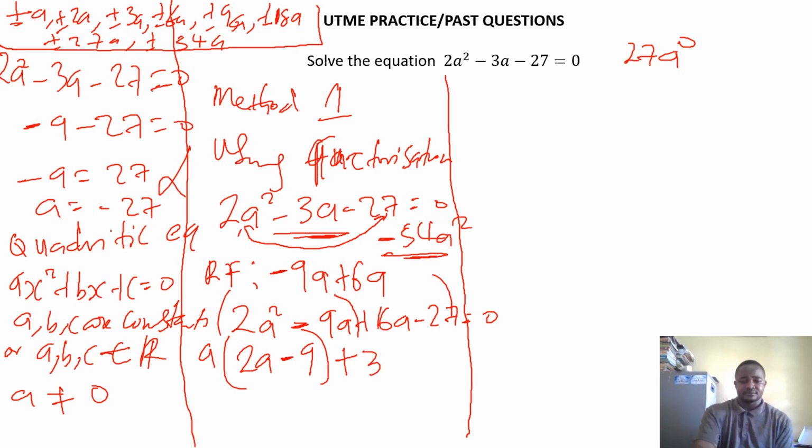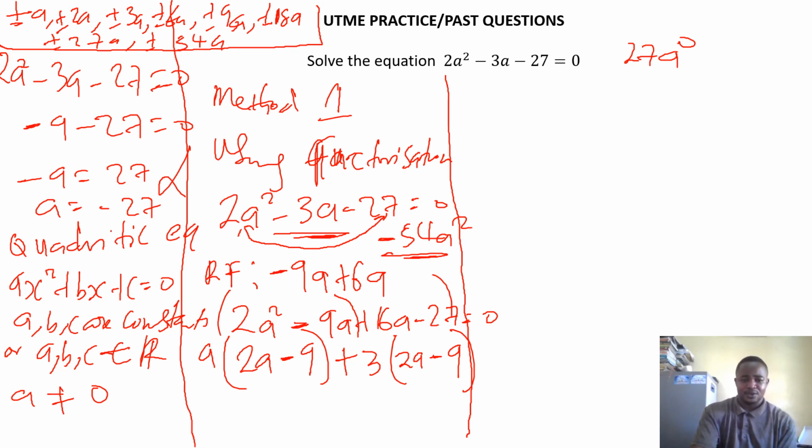It is 3. 3 open brackets. Now 6a divided by 3 will give you 2a. 27 divided by 3 will give you 9. So here the same thing, I say 2a squared divided by a, I got 2a. 9a divided by a, I got 9.